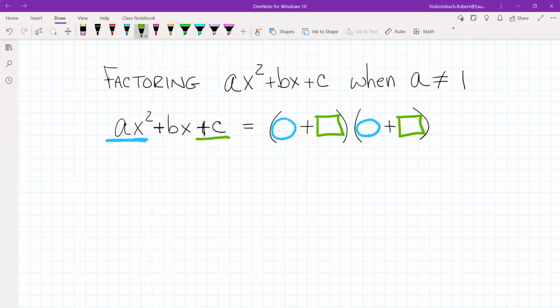Here's where it gets a little bit tricky. It's dealing with this middle term.